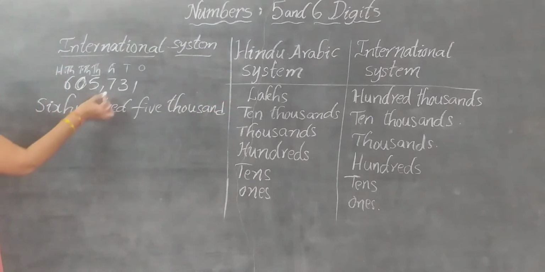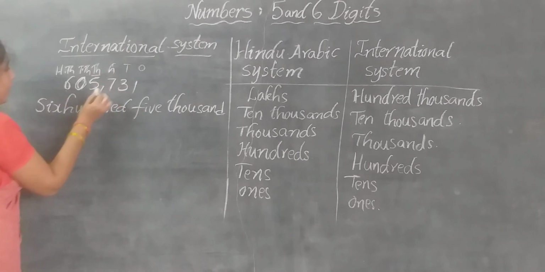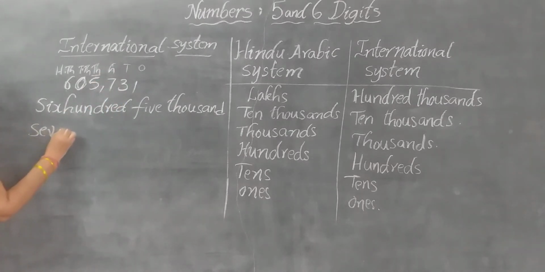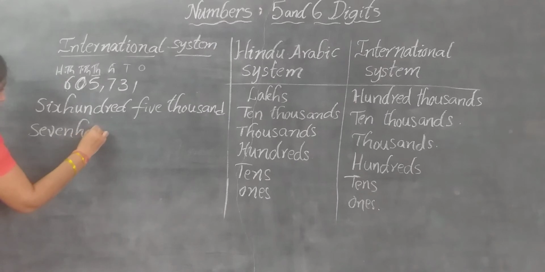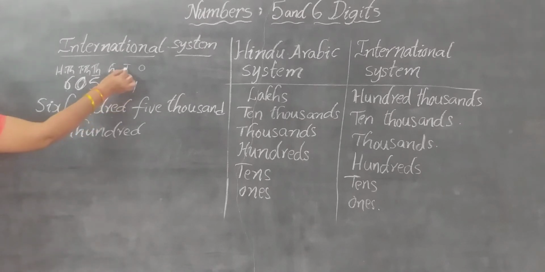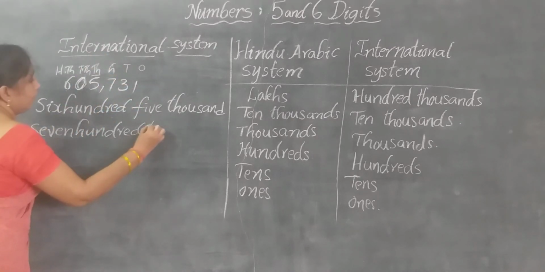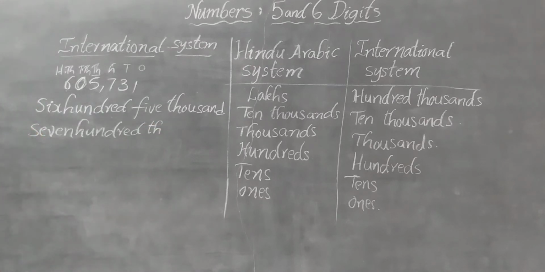What is next? 7. 7 is in which place? Hundreds place. So 700. 3 is in the tens place, so 31... 731.